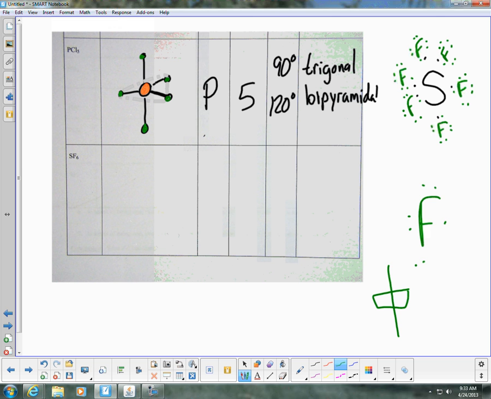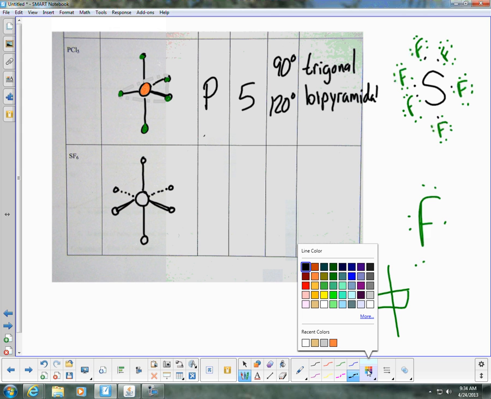Okay? So as I'm looking at it here, I'm going to have a center. I'm going to have one fluorine up, sorry, one fluorine down. I'm going to have back into the plane of fluorine. I'm going to have coming out of the plane of fluorine. I'm going to have back into the plane of fluorine and coming out of the plane here of fluorine. So this area right here, let's do yellow.